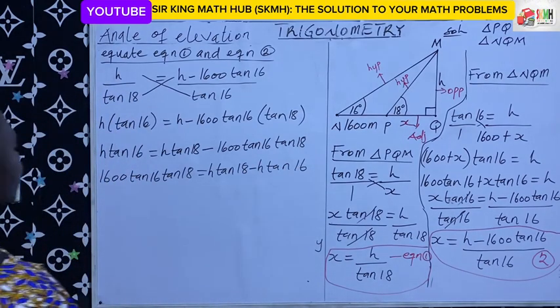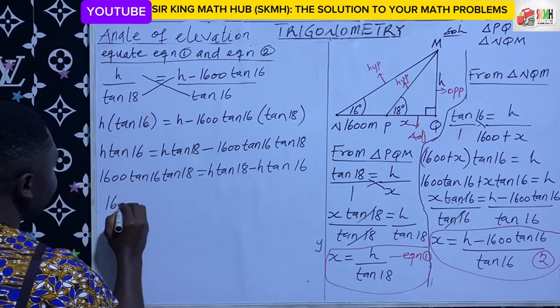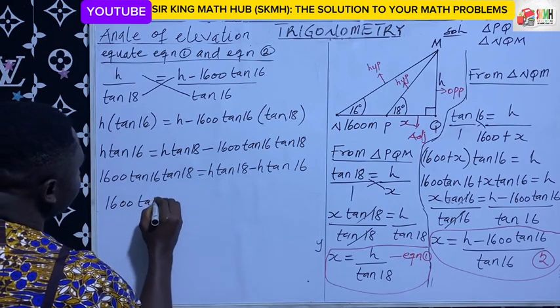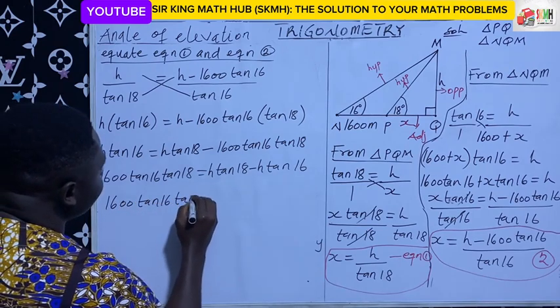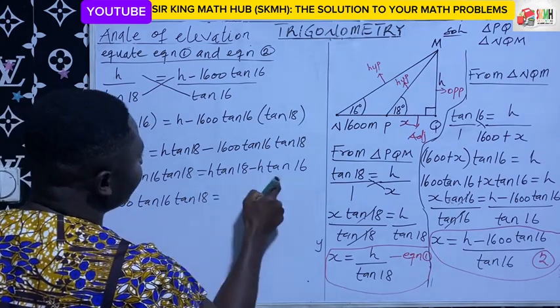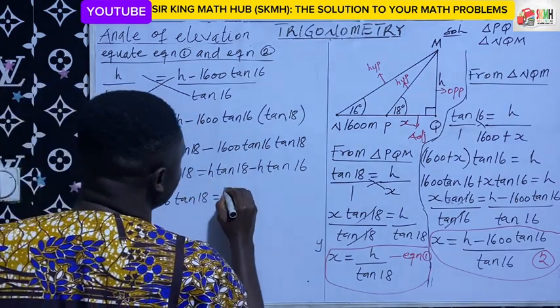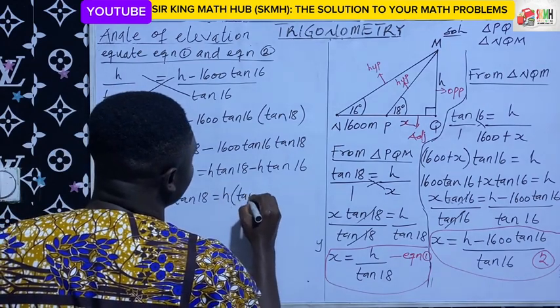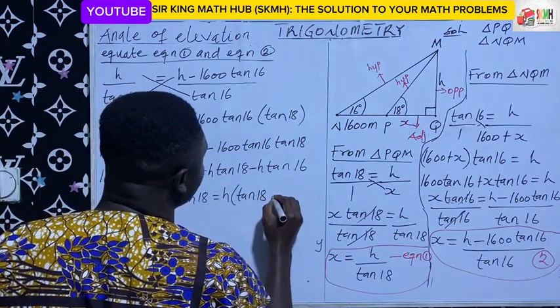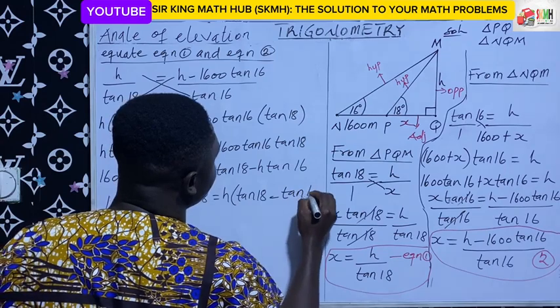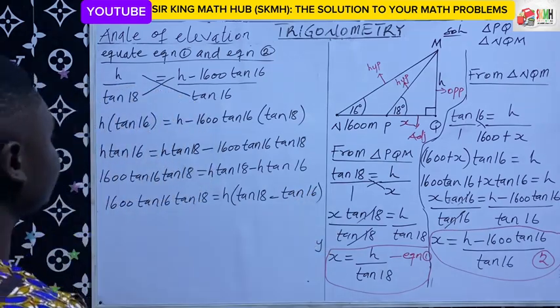So now we have 1600 times tan 16 times tan 18. You can factorize h out. So h, leaving tan 18 minus tan 16.